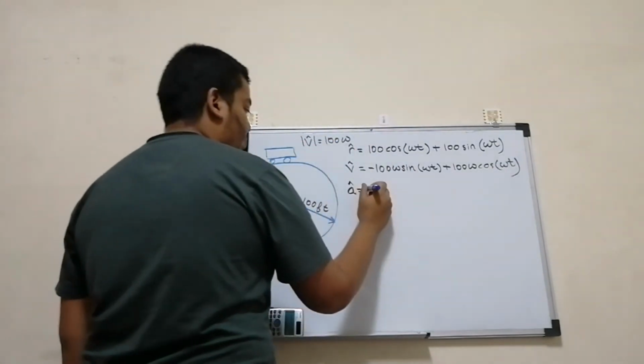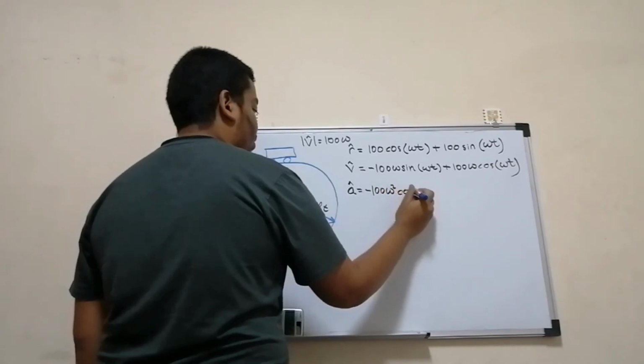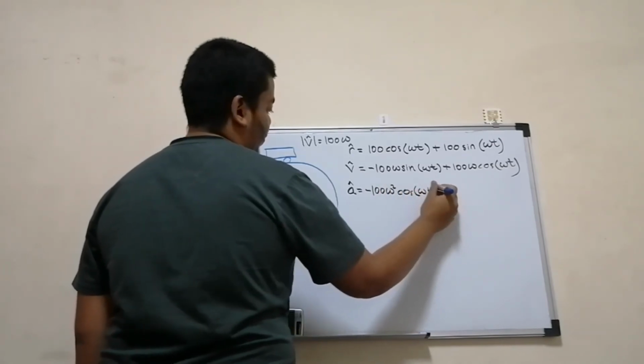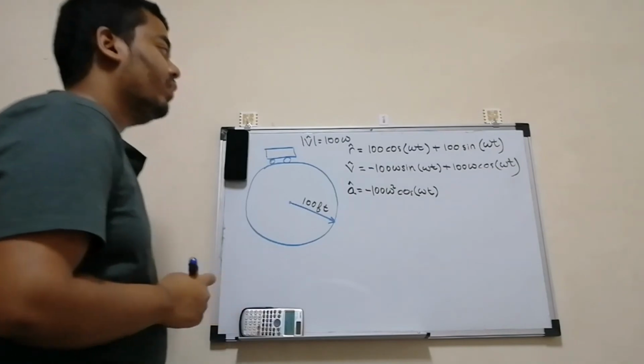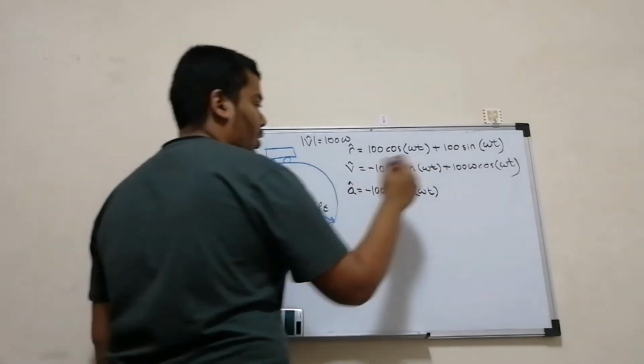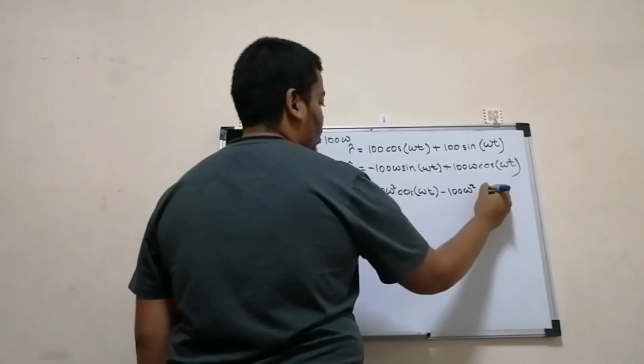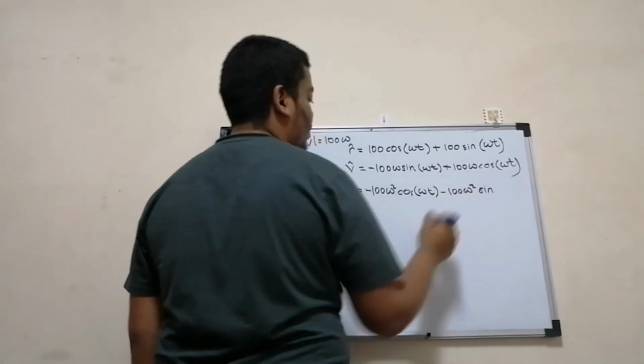So it will be negative 100 omega squared cos omega t, and then you will be remaining with negative 100 omega square sine.